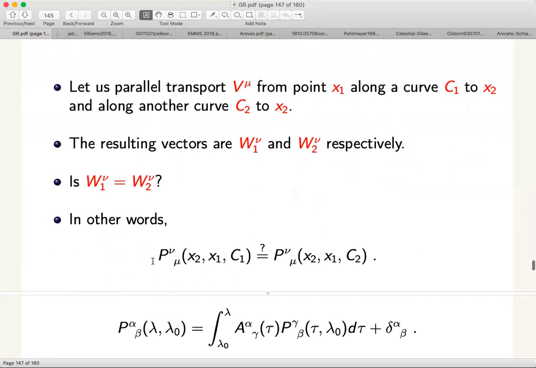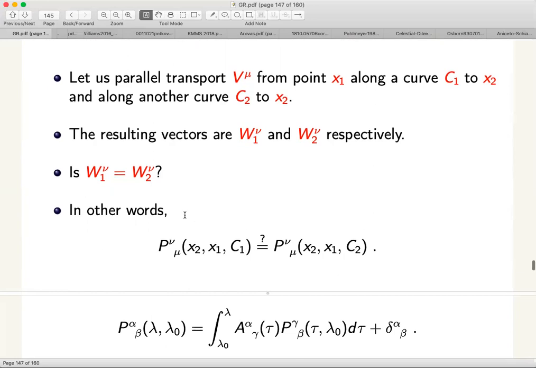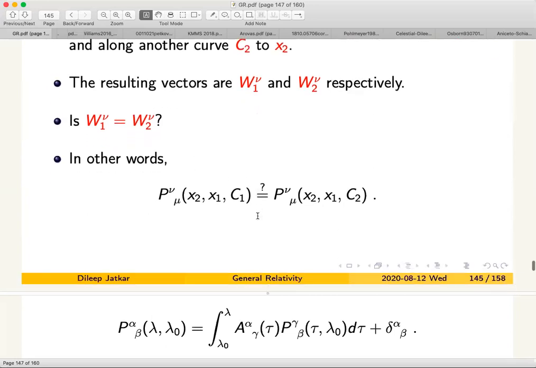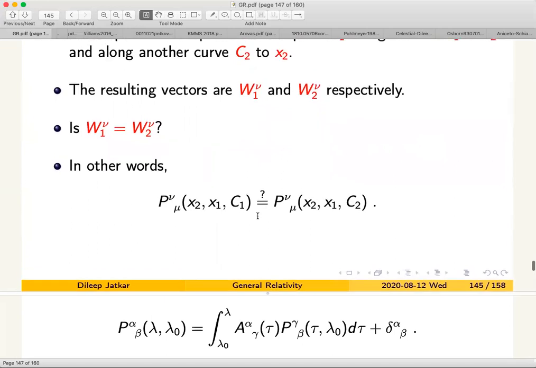So the question is: is the parallel propagator from x1 to x2 along c1 equal to the parallel propagator from x1 to x2 along c2? They are equivalent questions. Is that okay?